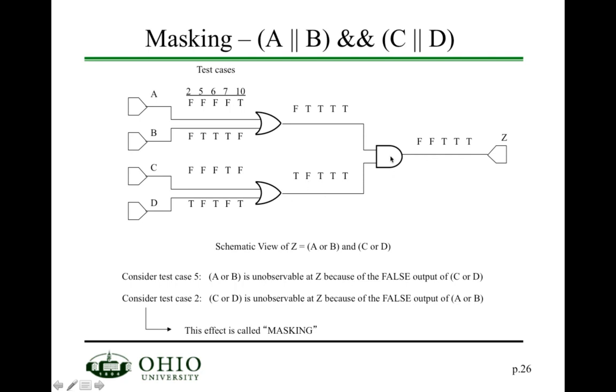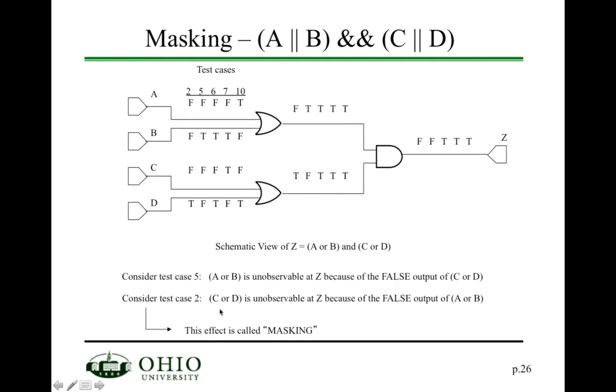This causes the output of the AND gate to always be false. It doesn't matter if this is true or false; the output is always going to be false. So there is masking going on. It doesn't matter what A or B does in this particular case.